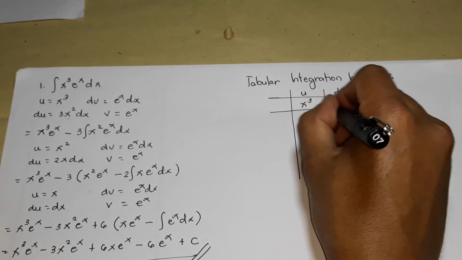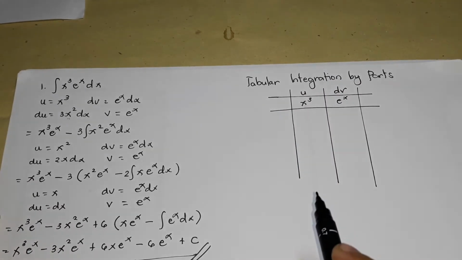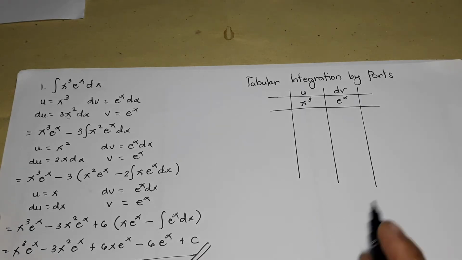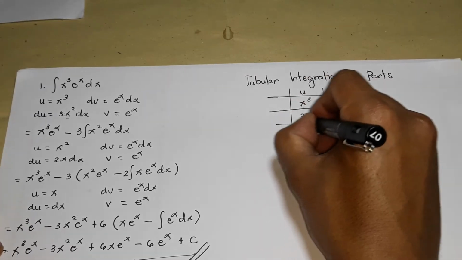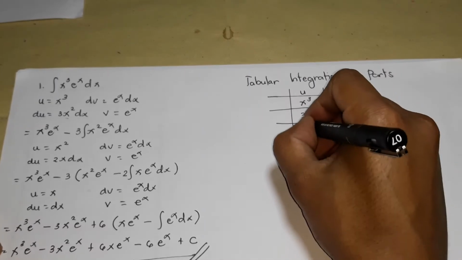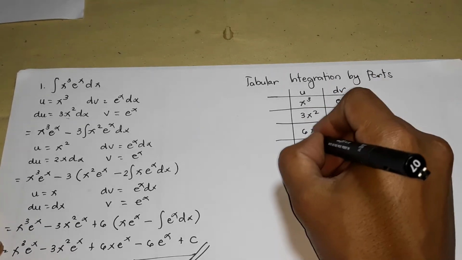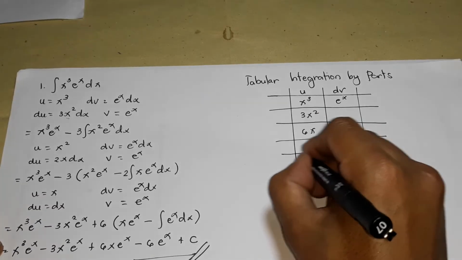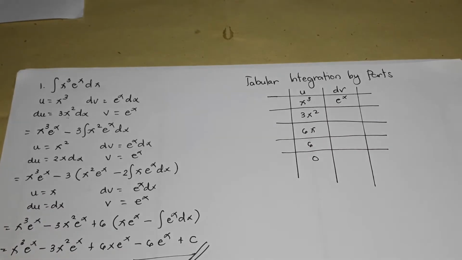What comes next is you keep on differentiating your u part until you reach where the derivative is equal to 0. So we have 3x squared, then the derivative will be 6x, and then the derivative of 6x is 6, and then the derivative of 6 is 0, and that is where you will stop differentiating.